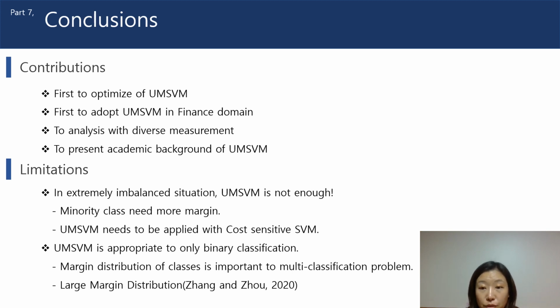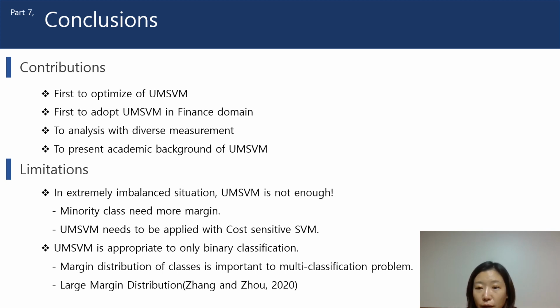These are the contributions and limitations of this study. This is the first study to optimize UMSVM, and this is the first study to adopt UMSVM in the finance domain. This study presents diverse measurements of the UMSVM effect.